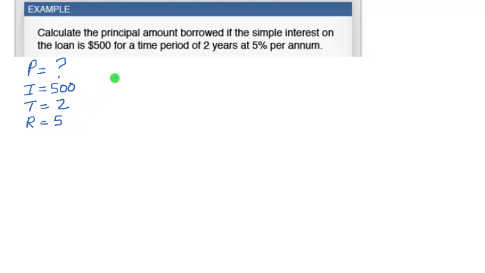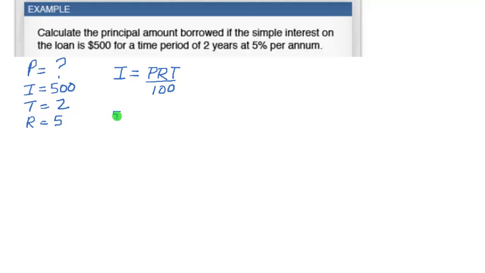Okay? And remember that our simple interest formula is I equals PRT, these are all multiplied, divided by 100. So let's put in what we have.